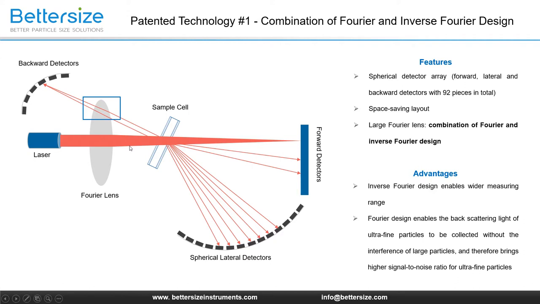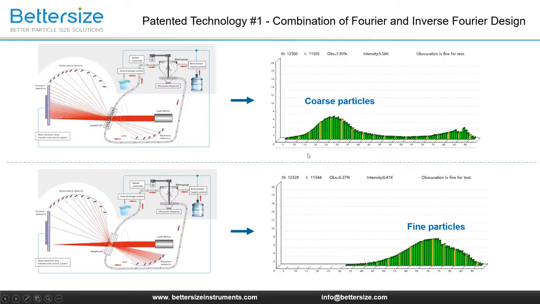Inverse Fourier design enables a wider measuring range, and Fourier design leads to a higher signal-to-noise ratio for ultrafine particles. As we know, large particles scatter the light mainly in the forward direction, and the forward scattered light is quite strong. So the forward detectors have a stronger light signal.